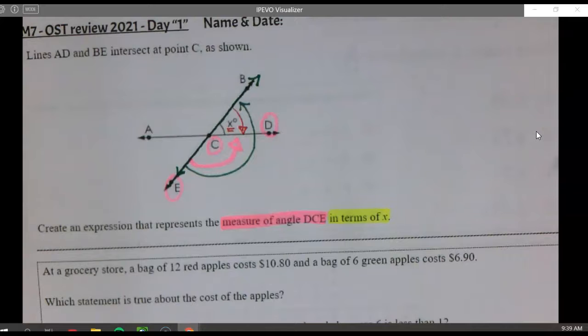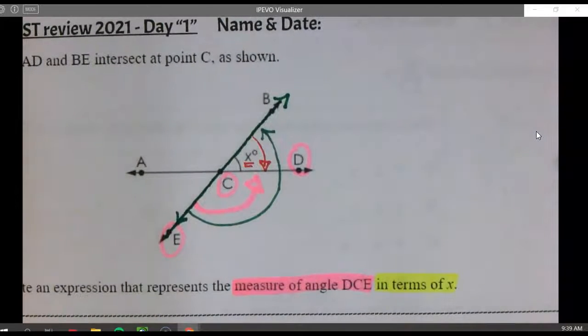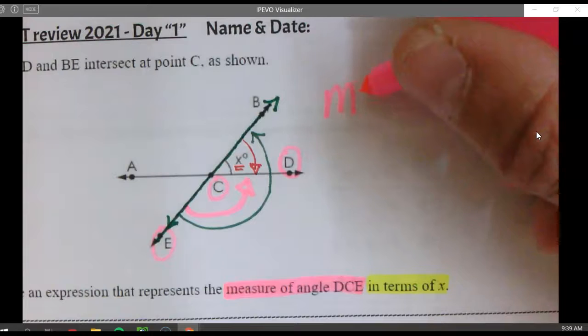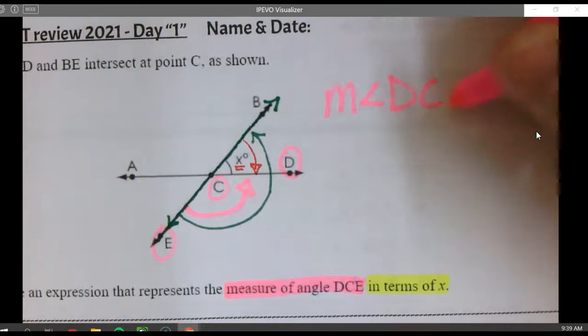Miriam? Give me colors and I'll help you with the vocab, but give me some colors. Okay. And the red line for X is like the other side that's needed for the equation.